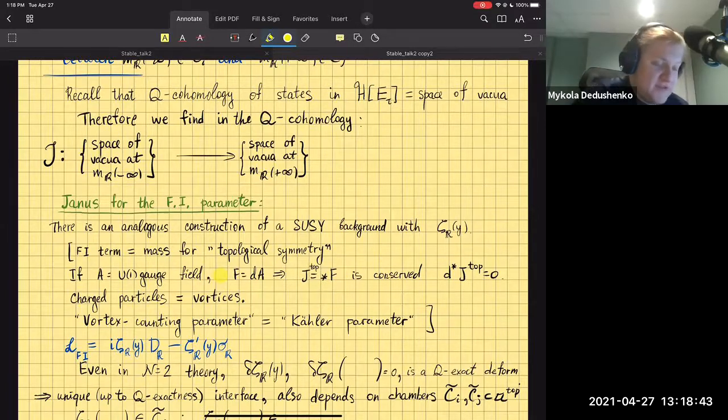It's trivially conserved due to closedness of F. And with respect to this current, the charged particles are vortices. So the vortex counting parameter is like a Kähler parameter; it's related to Kähler parameters of your Higgs branch.